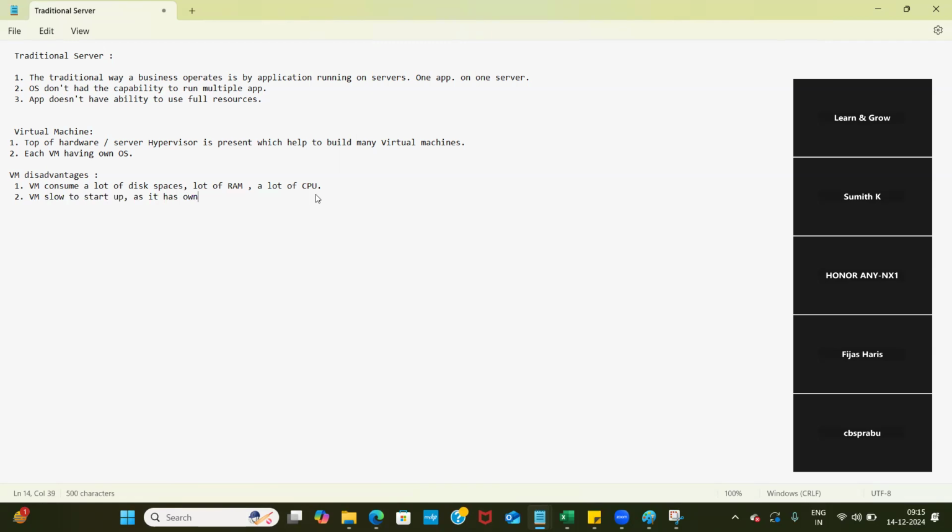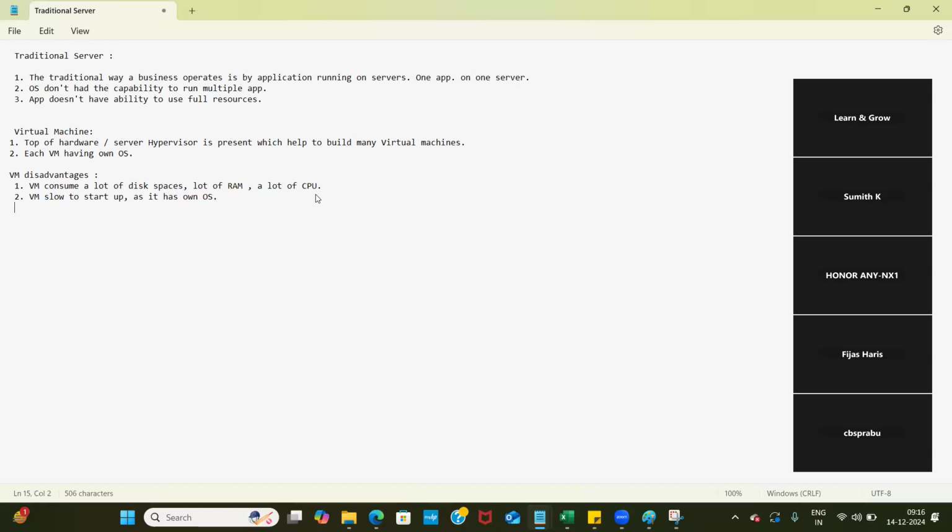But why? Because the VM uses lots of extra hardware resources like RAM, CPU, and storage. You're right. It has its own OS, and that takes time to boot up.